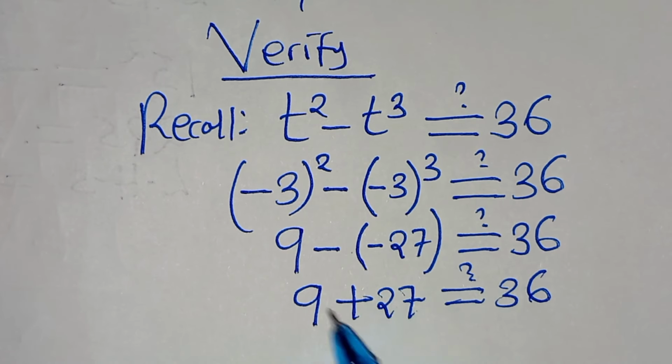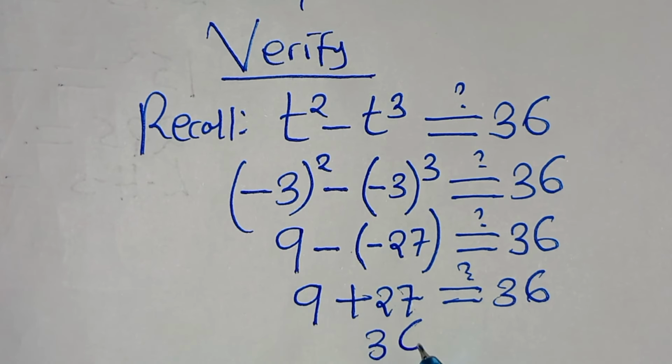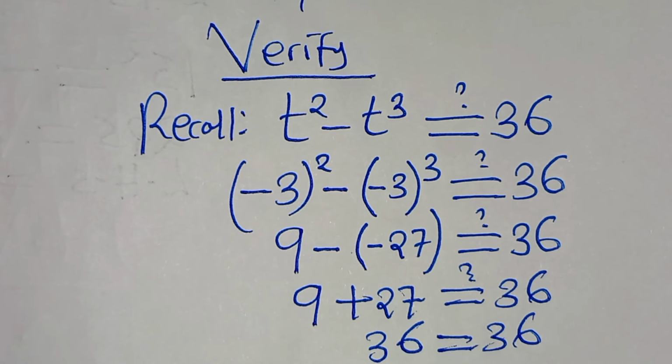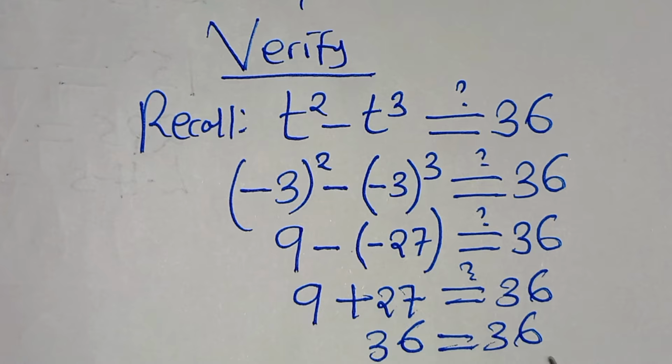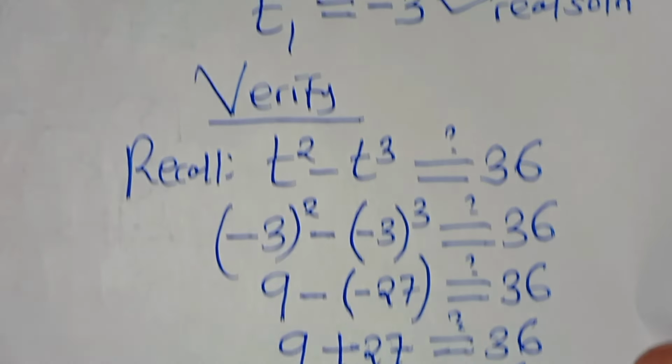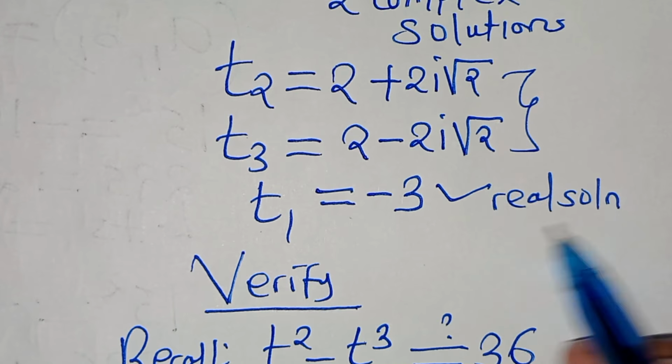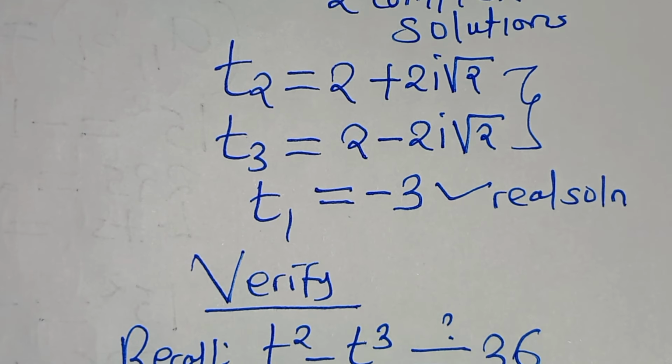So 27 plus 9 is equal to 36, which is equal to 36. So the left hand side is equal to the right hand side. And this implies that t, which is minus 3, a real solution here, satisfies the equation.